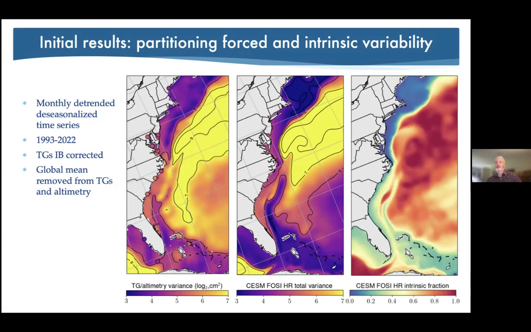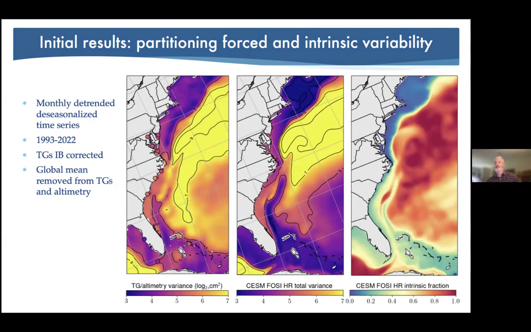And then using multiple simulations or multiple cycles of repeat year forcing, where we don't have any external variability in the forcing fields, we can start to get at partitioning what the intrinsic fraction is.